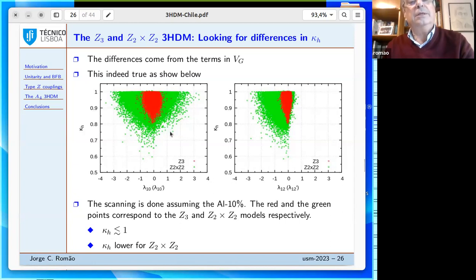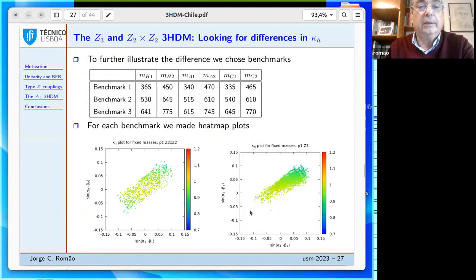It is a consequence of the fact that the LHC forces us to be close to this alignment limit, and we are investigating that more carefully now. But this is something that comes from these plots that we also have done for other lambdas.